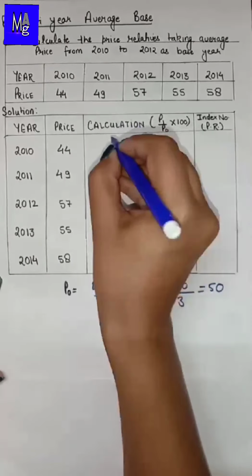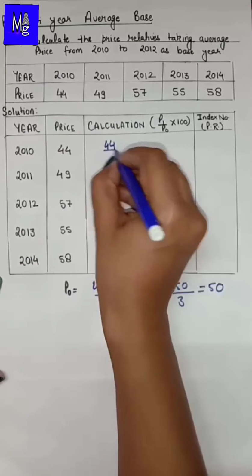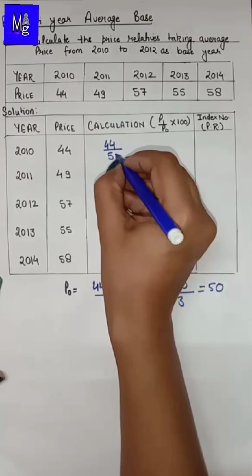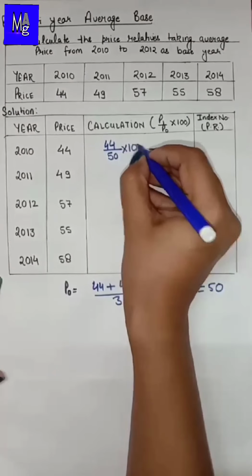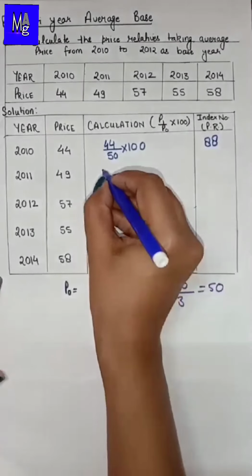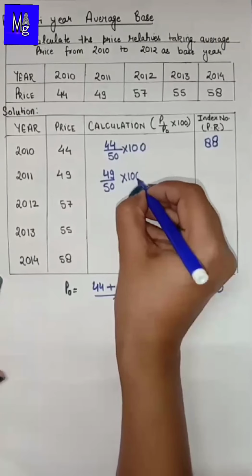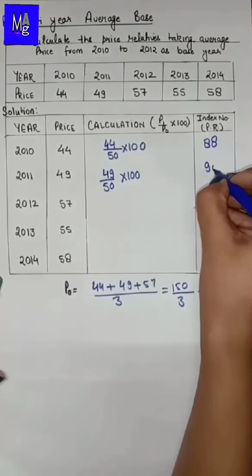So here by putting in the same formula, we can get it by price of the current year upon price of the base year into 100. This is coming to be 88. Then next, this is coming to be 98.